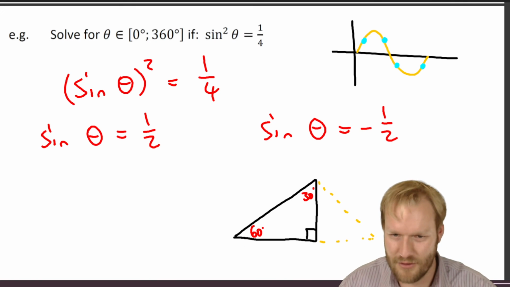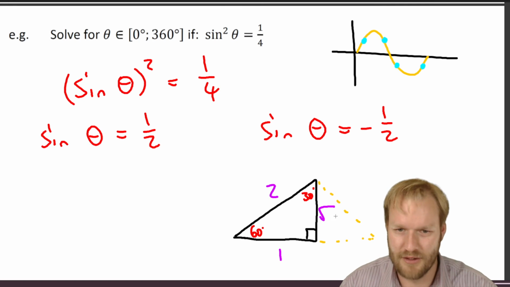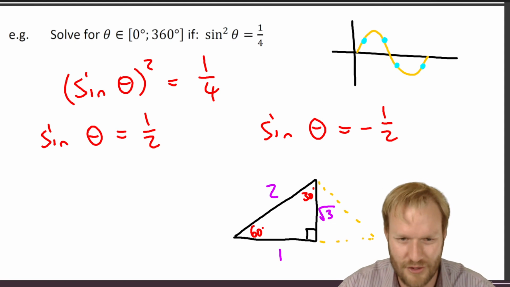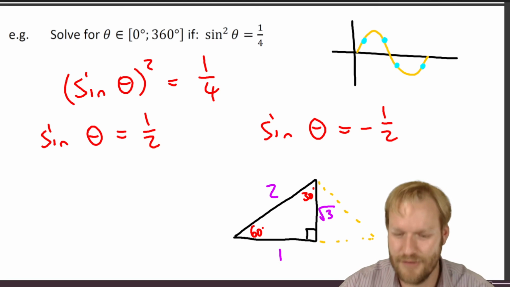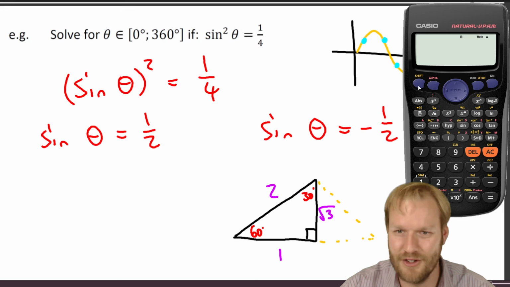So we said if all these sides are 2, then this would be 1, and this would be square root of something, square root 3, right? 4 minus 1. Or you just go to your calculator and go shift sine of 0.5, and it gives you 30 degrees.